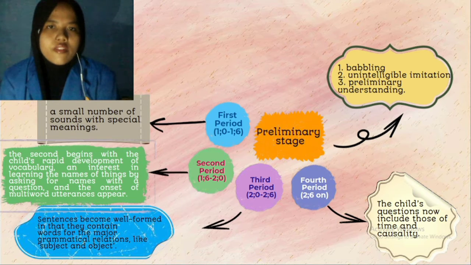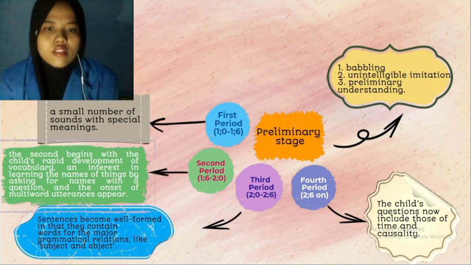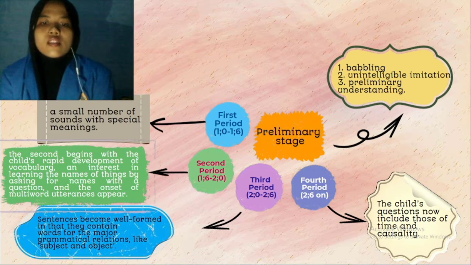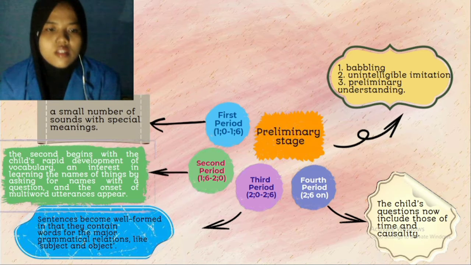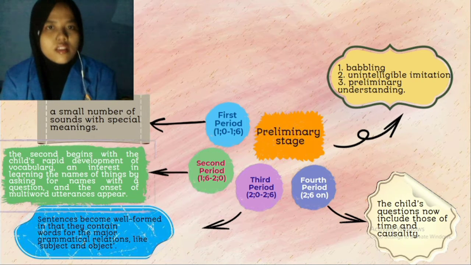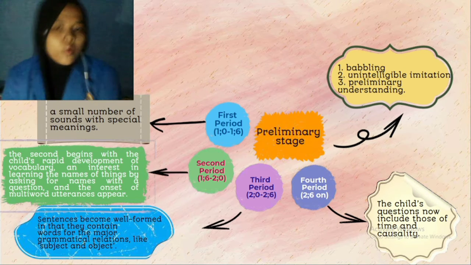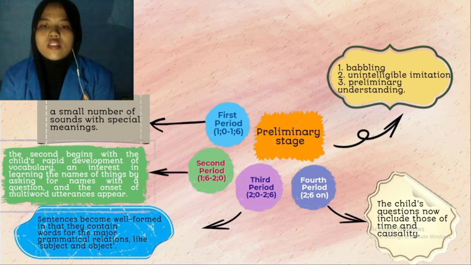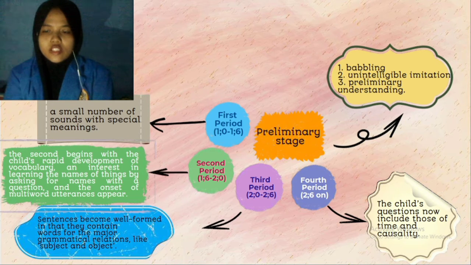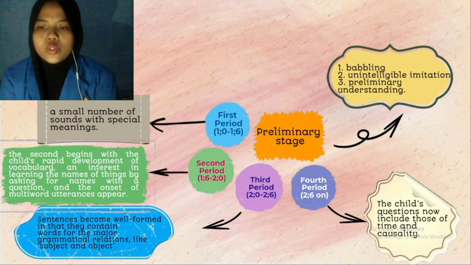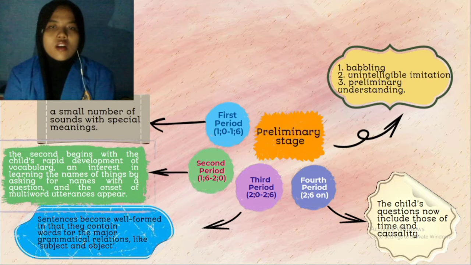It is based on their interest, and multi-word utterances also appear. Next, in the third period, the sentences that the children produce become well formed, containing words for the major grammatical relations like subject and object. And the last, in the fourth period, the child's questions now include those of time and causality.